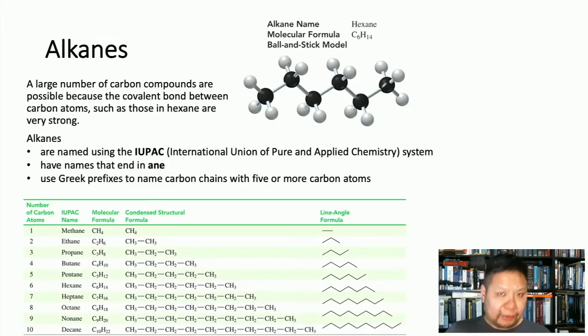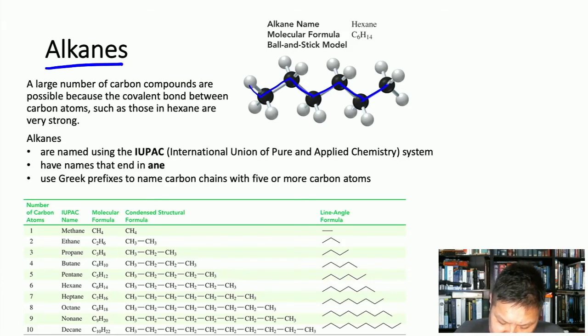The first type of carbon compounds that we'll be talking about are the alkanes, right? The alkanes are all hydrogen and carbon, as you see here. This is a ball and stick of hexane, right?